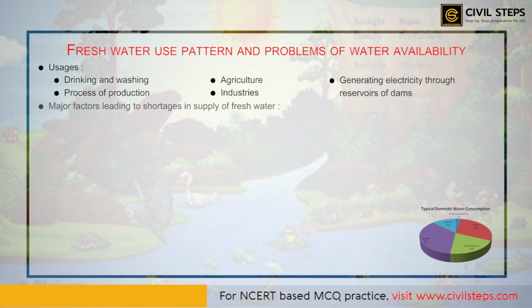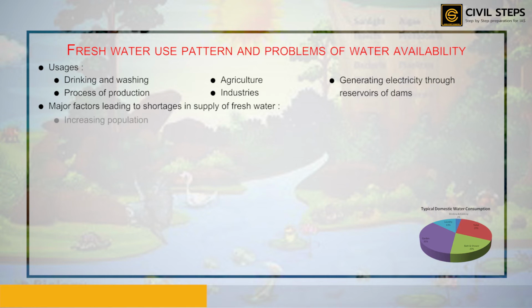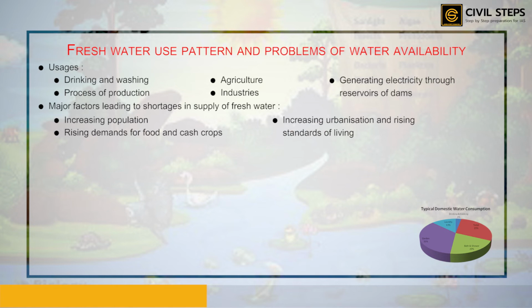These are major factors leading to shortages in the supply of fresh water, either due to drying up of water resources or due to water pollution. Increasing population, rising demands for food and cash crops, increasing urbanization, and rising standards of living add to this.